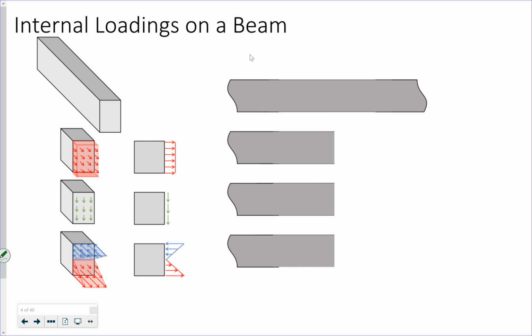So let's say I'm going to look at the internal loadings of my beam. Here I have my axial force. If I take my beam and cut a little cross section right here, I have an axial force, axial stress over that cross-sectional area, a shear stress, and then due to bending, I also have moment stress, right?